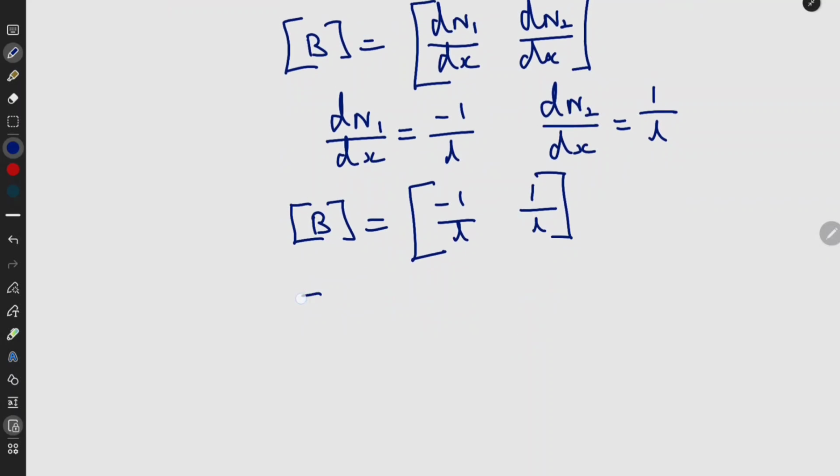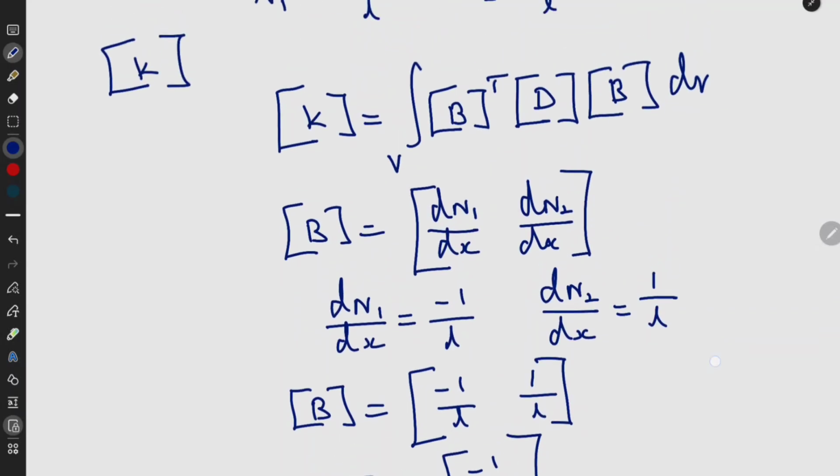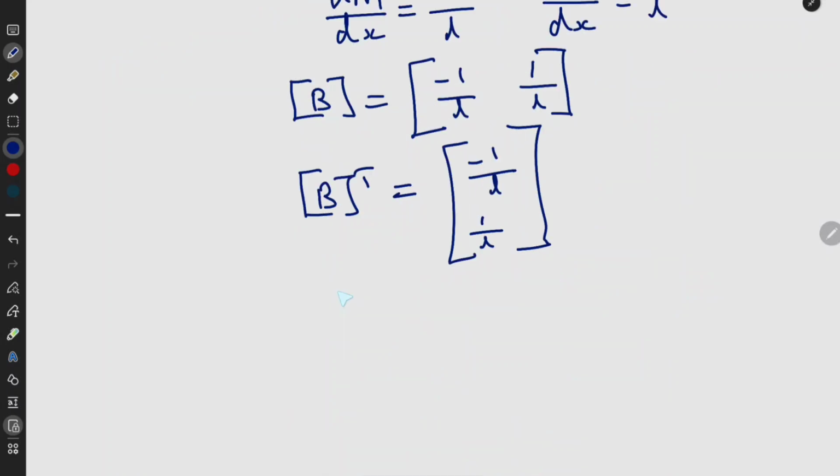Then my B transpose is the transpose of this matrix. I'll get minus 1 by L and 1 by L as a column. So we have calculated the B transpose matrix and the B matrix. Next one is D. D is the stress strain relationship matrix.